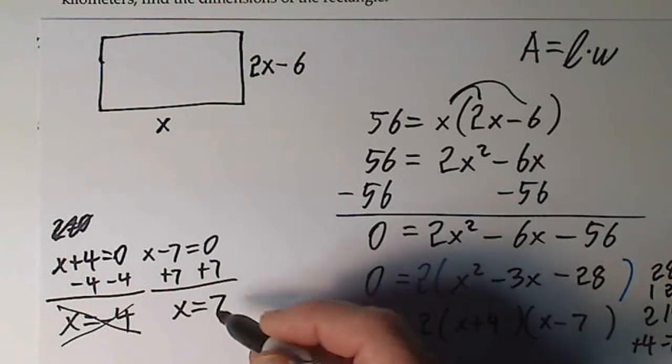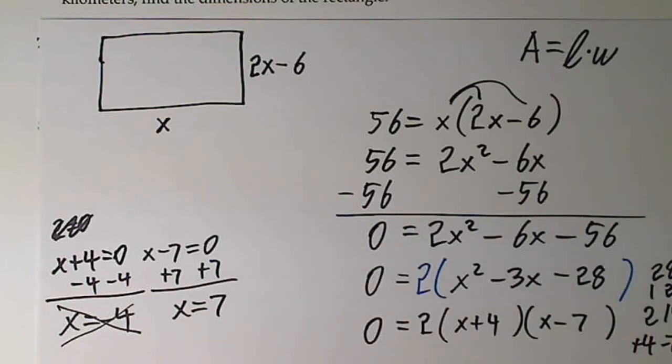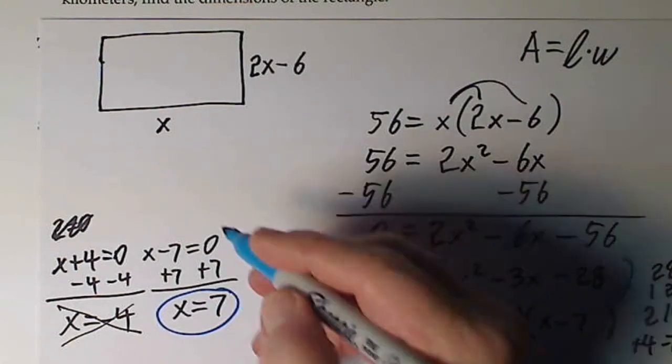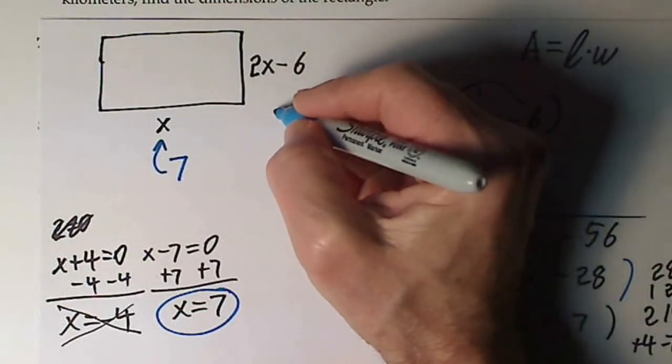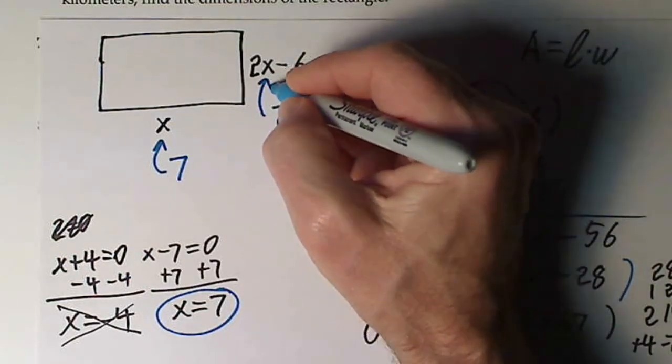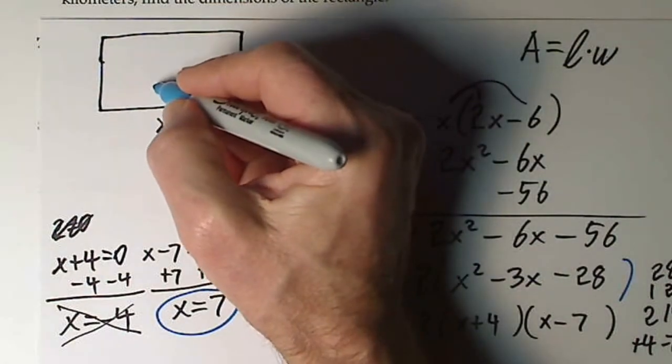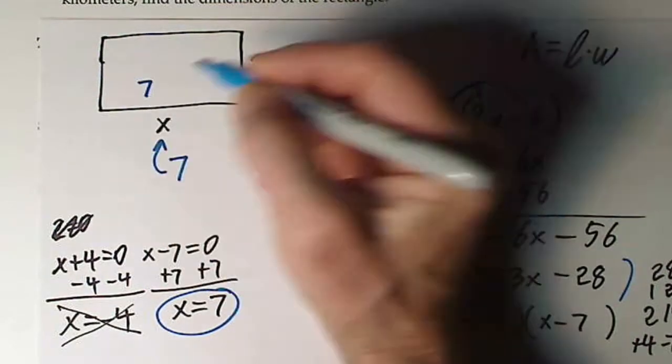So x is 7, and that means you take this 7 and you plug it in wherever there's an x. So here you would just get a length of 7.